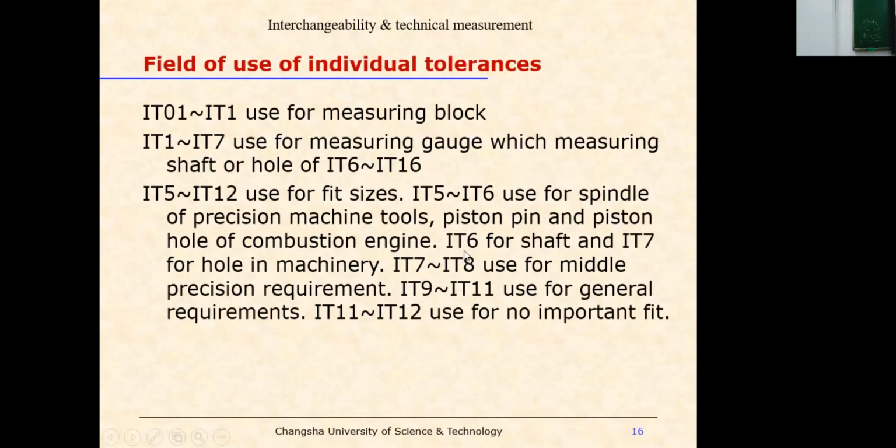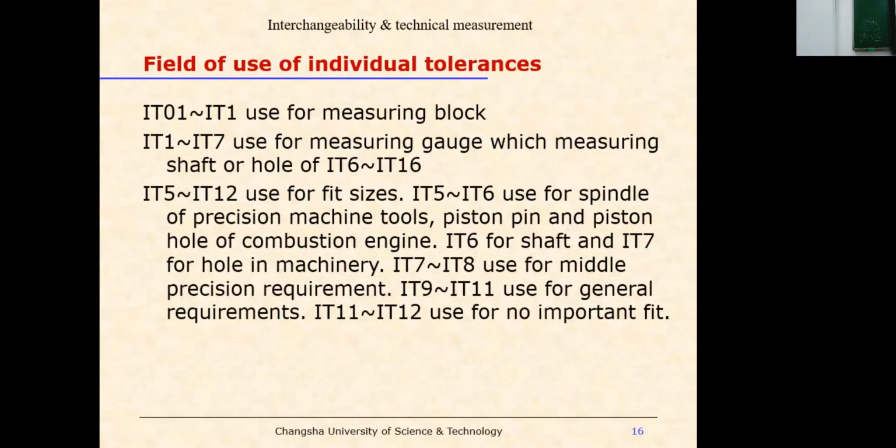So the shaft is a lower grade, right? The hole is a higher grade, by 1 grade. IT7 to IT8 is used for mid-precision requirements. Usually, for engineering, we just use IT7 to IT8. IT9 to IT11 is used for general requirements.